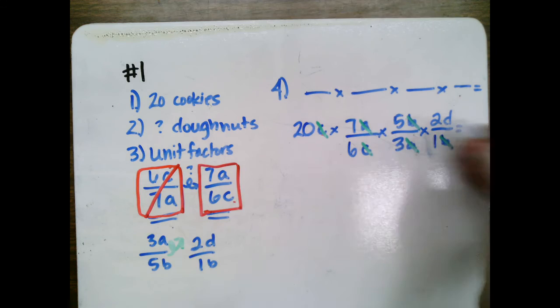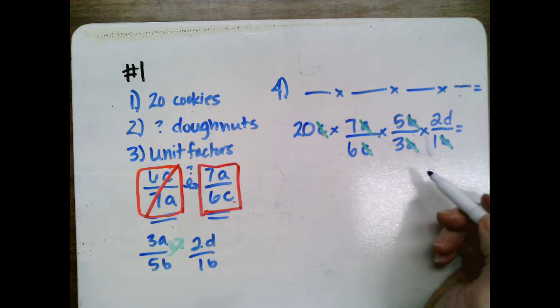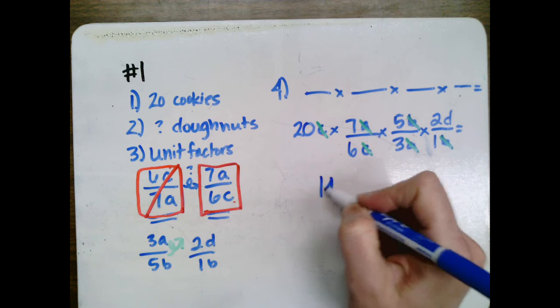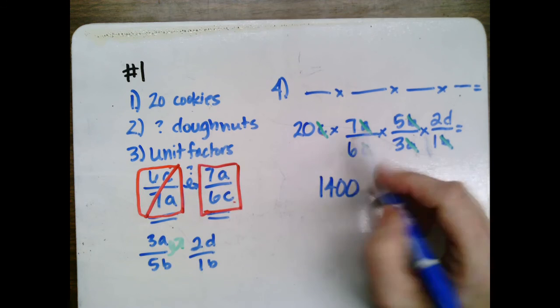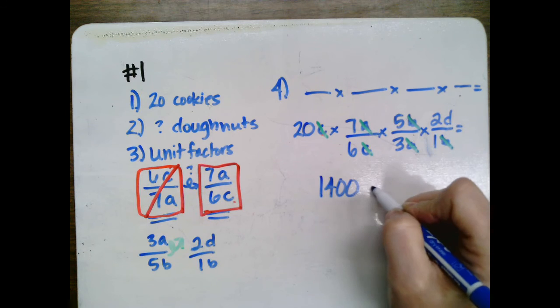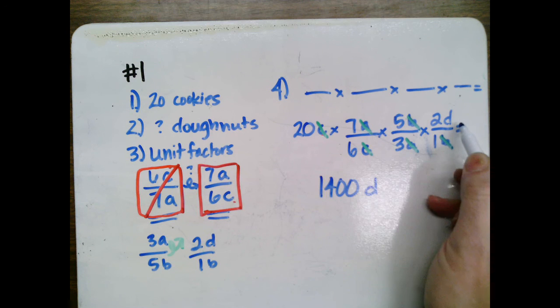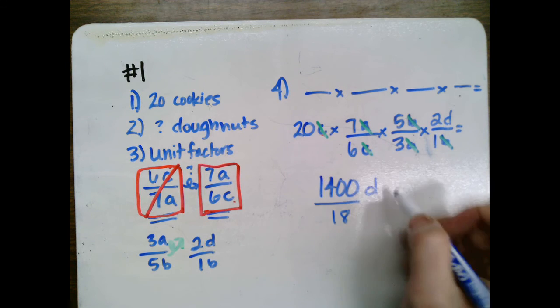So when I do these computations, 20 times 7 is 140, times 10 is 1,400. The leftover unit here is donuts. The donuts is in the numerator. That would be divided by 18, because 6 times 3.